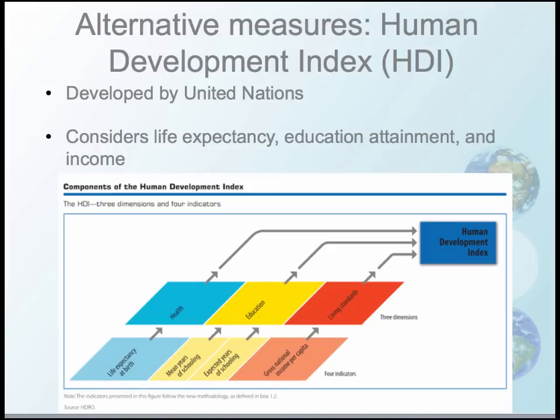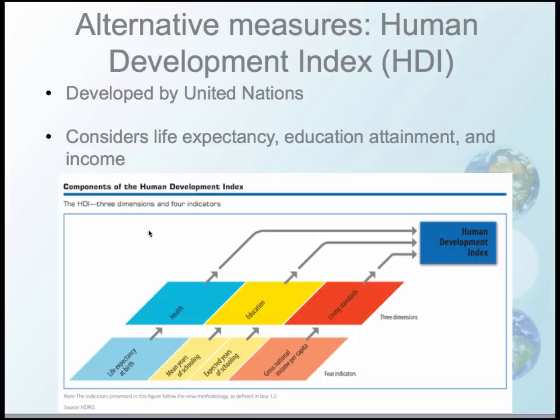Now, GDP is not the only way of comparing different countries and comparing development of different countries. The Human Development Index was developed by the United Nations, and basically it's a composite statistic that includes health factors, education factors, and living factors.